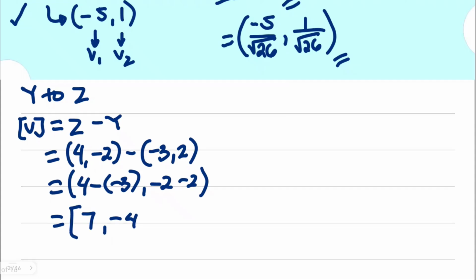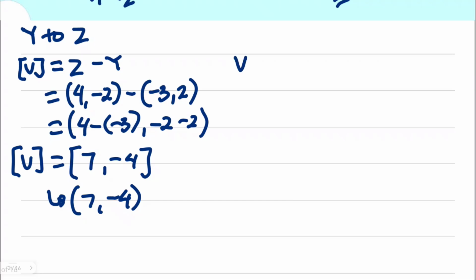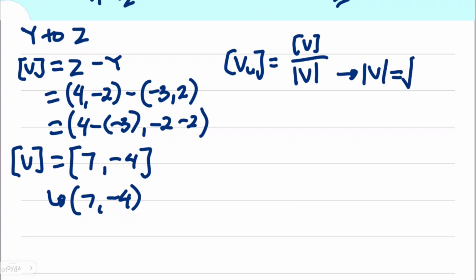Again, we used brackets before to represent a vector or direction vector. This time, let's reintroduce the parentheses, not for a point but for a vector. So let's talk about its unit vector as the ratio of the vector itself and its length. Now the length, as mentioned, is equal to the square root of the sum of the squares of the components.